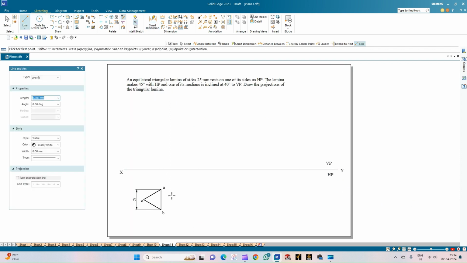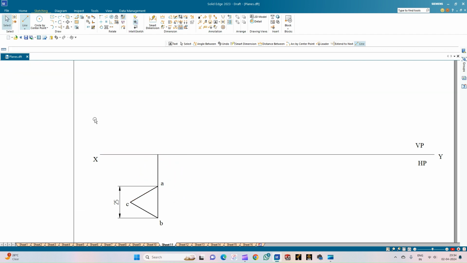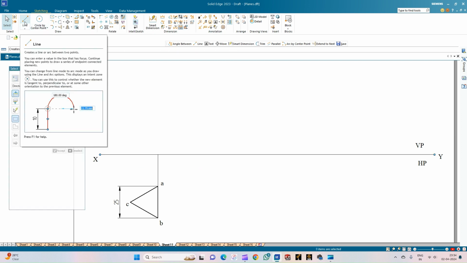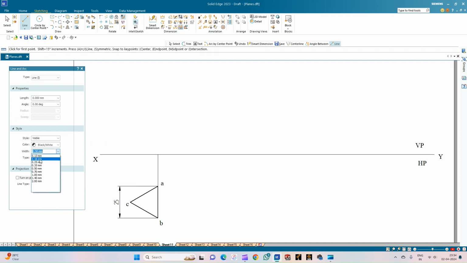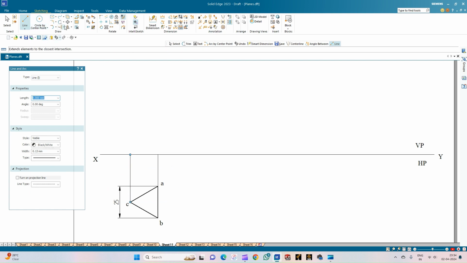So before that, let us depict the front view of this triangular lamina by drawing the projection lines. So it should be a line of thickness 0.13. So the front view will be on the reference line because the plane is on the HP.